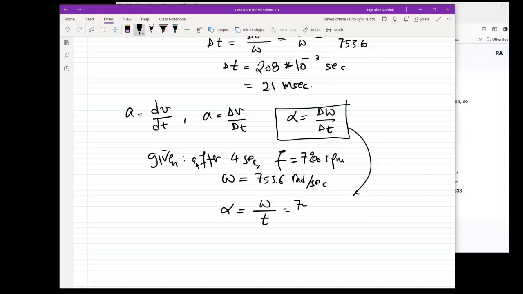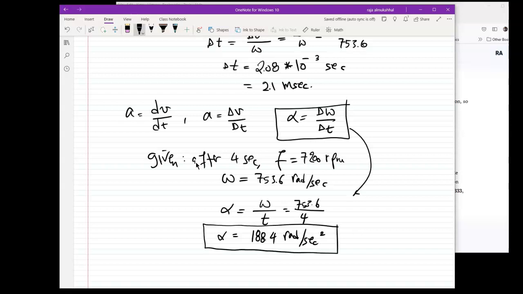So that will be 753.6 divided by 4 seconds, and this will give us the angular acceleration. We can calculate that, and that will give me 188.4 radians per second squared. Okay?